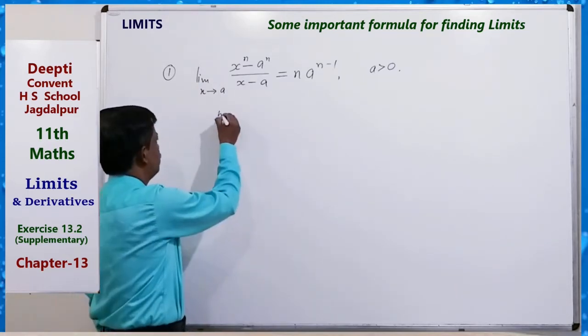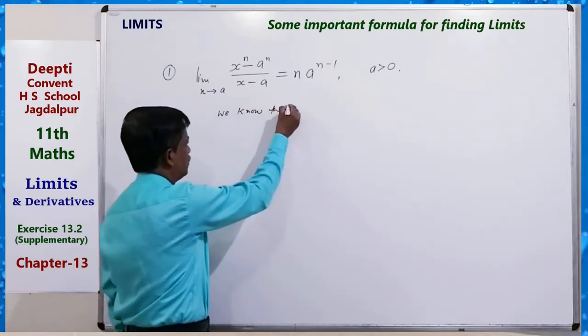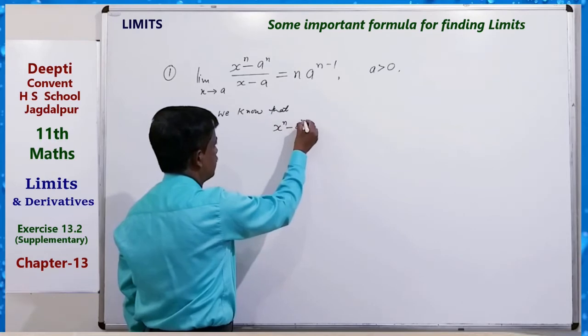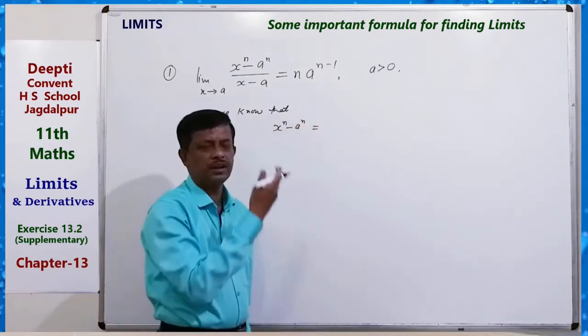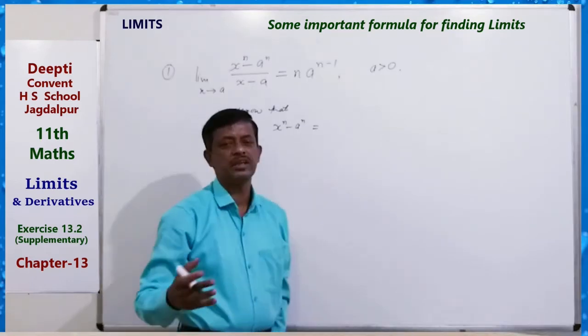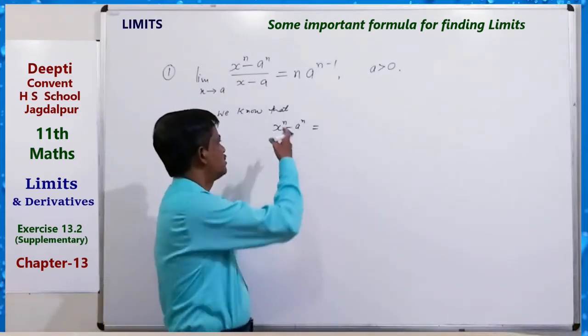We know that x to the power n minus a to the power n is just factorization, like a square minus b square, a cube minus b cube, a power 4 minus b power 4, just power n.